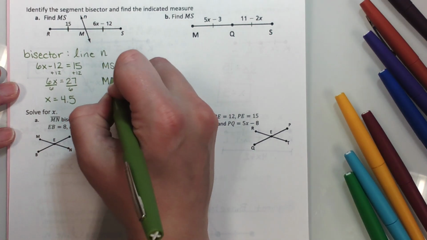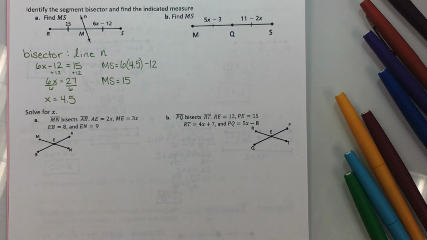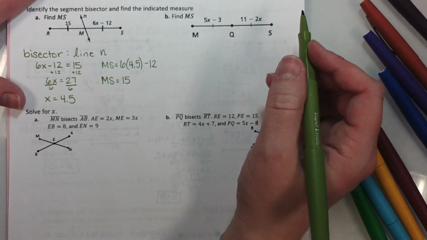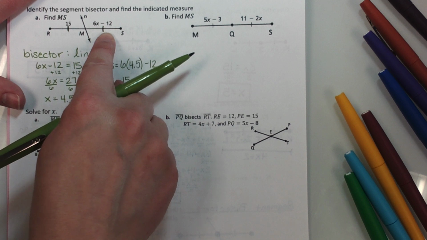Now, when we do that, we will get 15. Alicia is not wrong. There is actually an easier way to do this one. If this means these two things are congruent, this one's 15, doesn't that mean this one's 15?